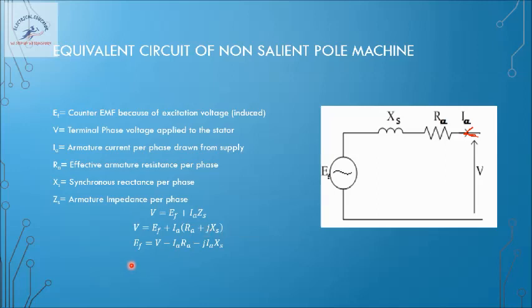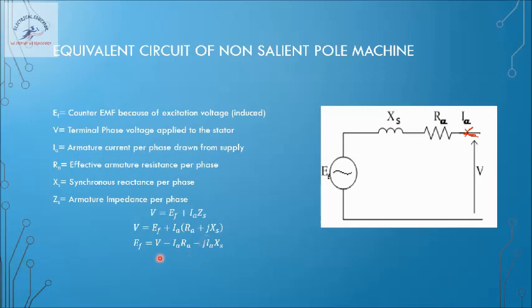Now I am rearranging this equation to find EF. So EF is equal to V minus IA RA minus J IA XS. Using this equation, we will try to draw the phasor diagram for a synchronous motor. We are dealing with a non-salient pole synchronous machine now.